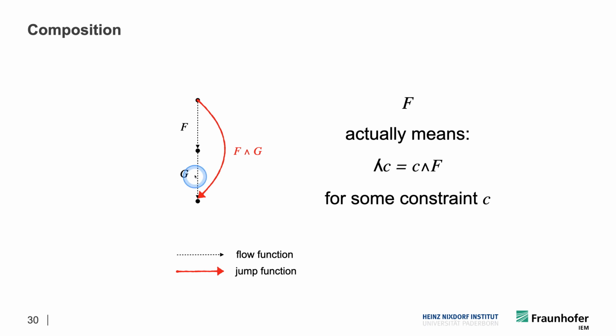In essence, that also means when I write the letter F here as an edge function, it really is a lambda function: I have some incoming constraint C that I've already computed up to this node, and now I'm computing C and F. So I'm taking the conjunction of the incoming constraint and this feature F. And the same here: I have an incoming constraint and I take the conjunction with G, and that brings me the new constraint down there.